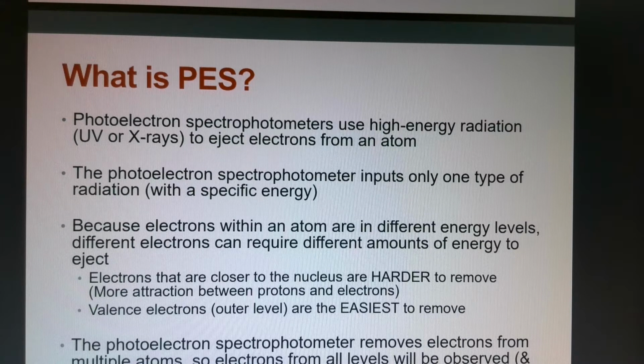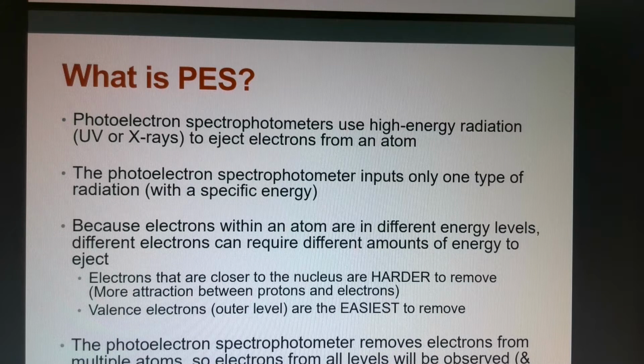If you think about Coulomb's law, what we've been learning about the last couple days, if an electron is closer to the nucleus, it's going to have a greater force of attraction to the nucleus, and therefore be harder, or require more energy, to remove. So electrons that are closer to the nucleus are harder to remove.